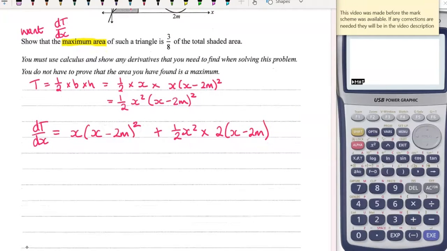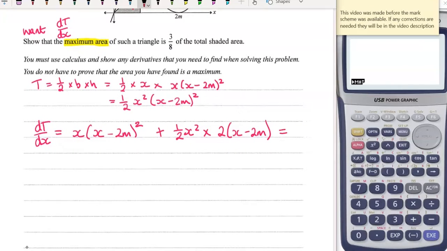Okay, so now we set this equal to 0 to be able to find a maximum. So we have x minus 2m squared plus x squared x minus 2m. Oh, whoops, sorry, 2m, I put the squared in the wrong place there.